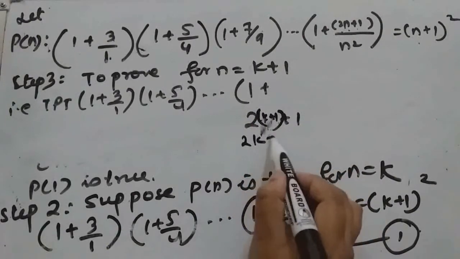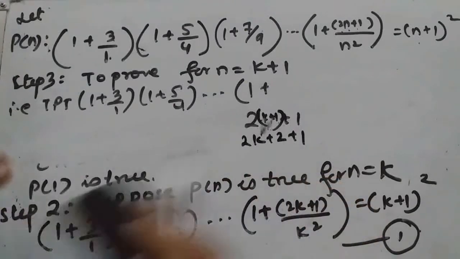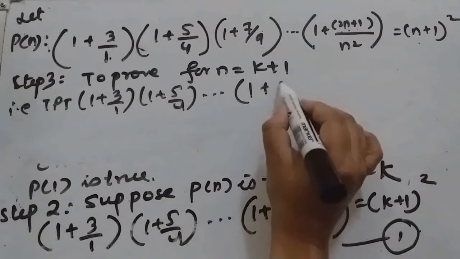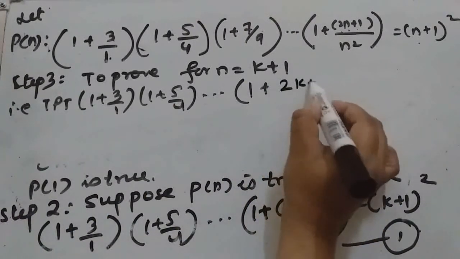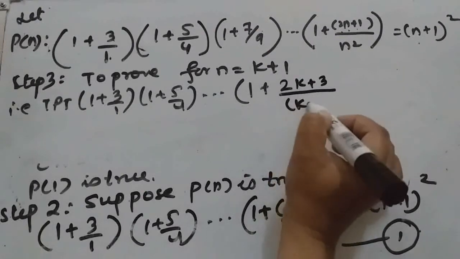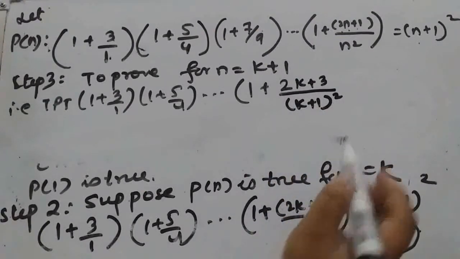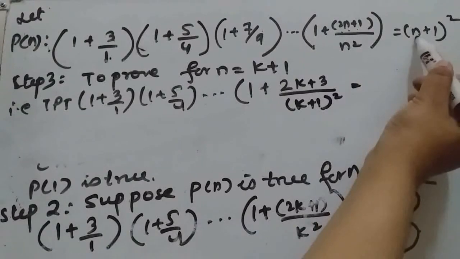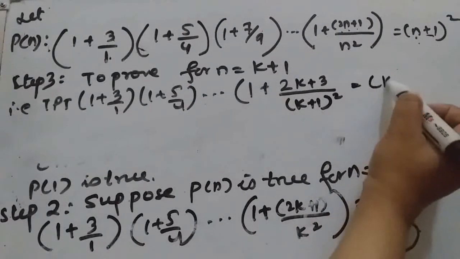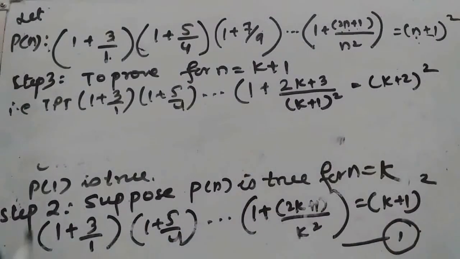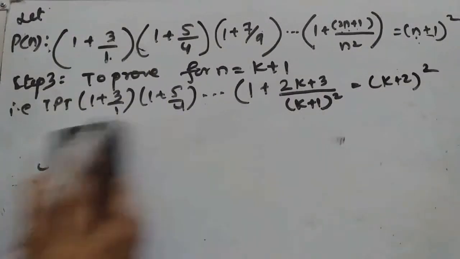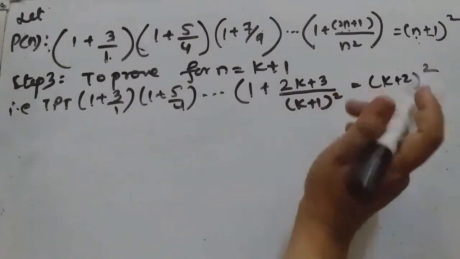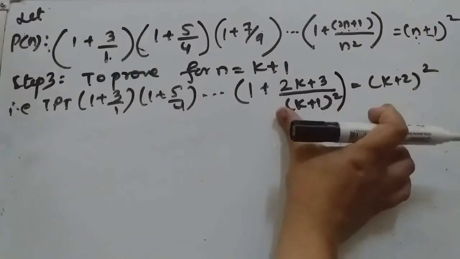So 2k plus 2 plus 1, that is 2k plus 3, divided by (k plus 1) whole square. And here n is k plus 1, plus 1 is already there, so (k plus 2) whole square. So this expression we should prove are equal.